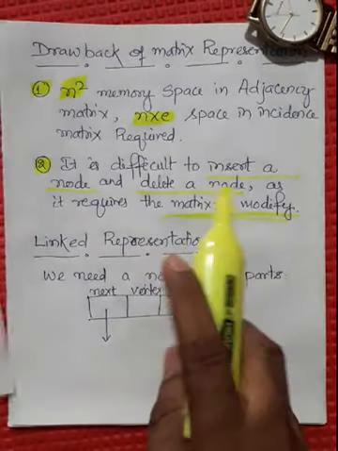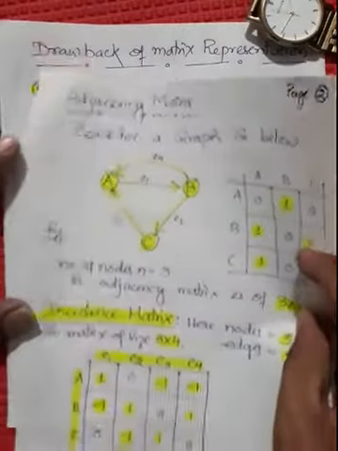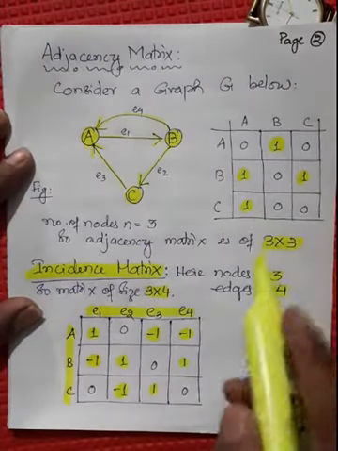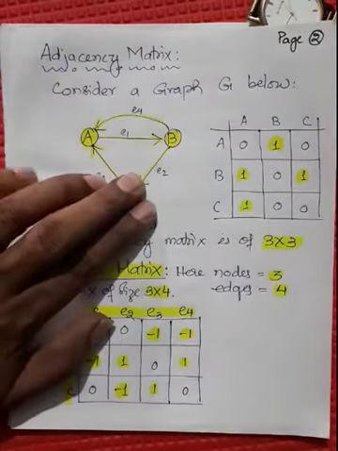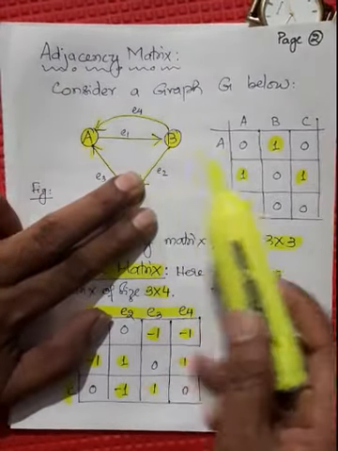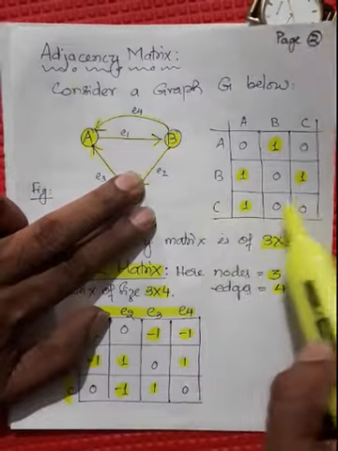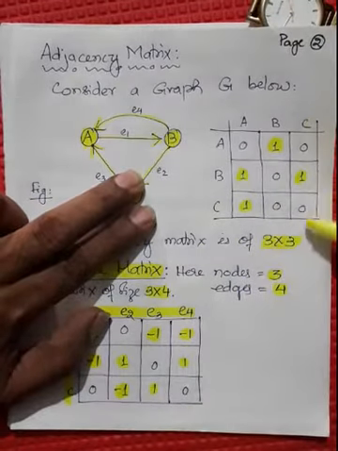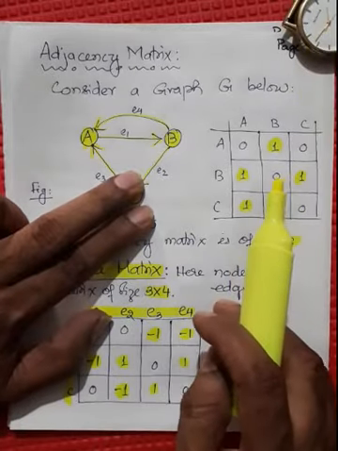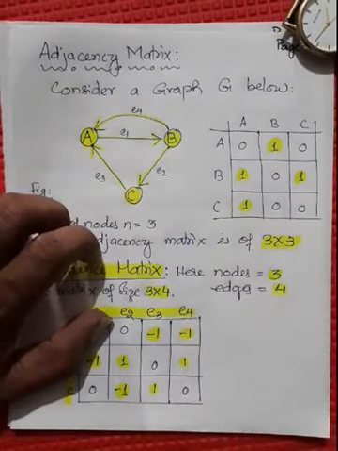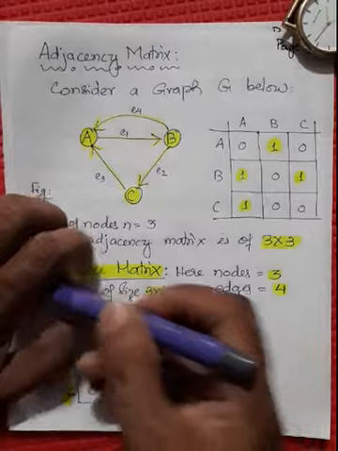How do we modify the matrix? Suppose I delete the node C from here. When I delete the node C, the row C and column C also have to be deleted from the matrix.